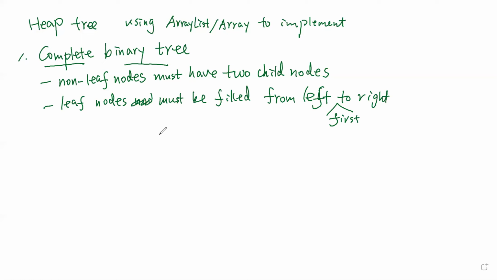We can take a look at a couple of examples. First, let's take a look at this example: 5, then 6 and 9. Then we have 16, 11, 20, and 25. If we take a look, non-leaf nodes must have two child nodes, and it's satisfied.